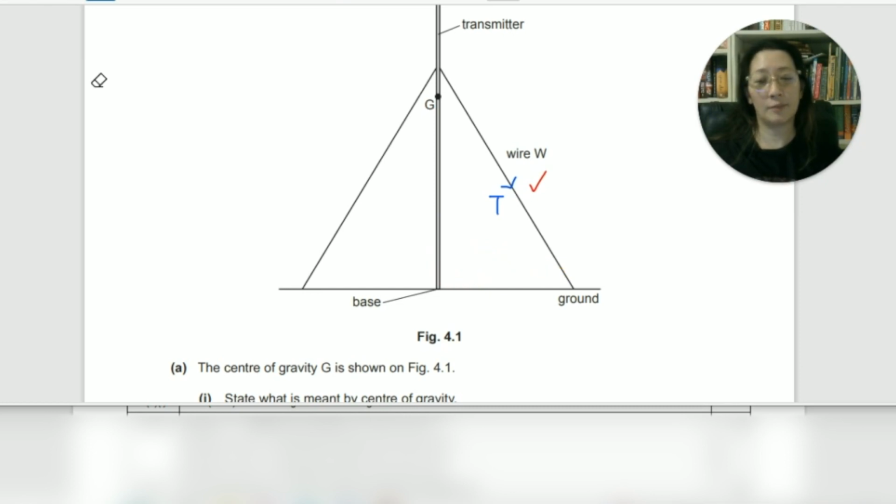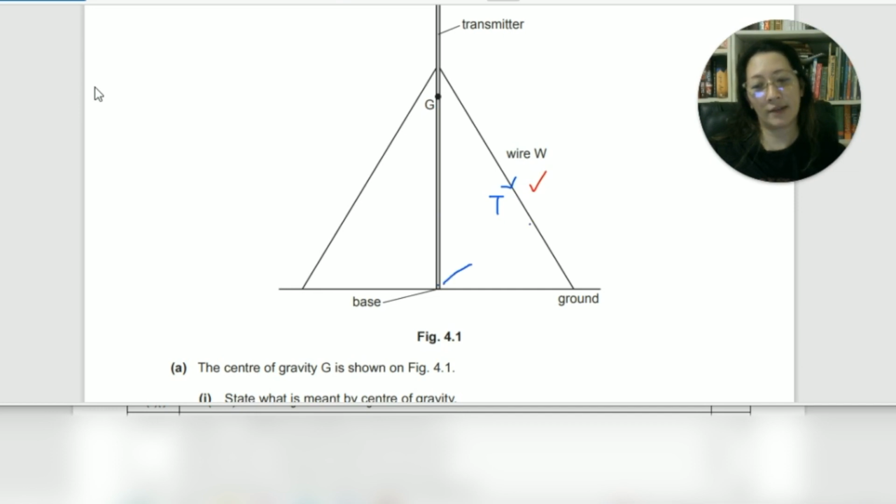Then the question, of course, becomes, then how do we get the perpendicular distance? To get the perpendicular distance, you need to find the line which links the base to the force at a right angle. So place your ruler in such a way that you can get a 90-degree angle from T to the base.